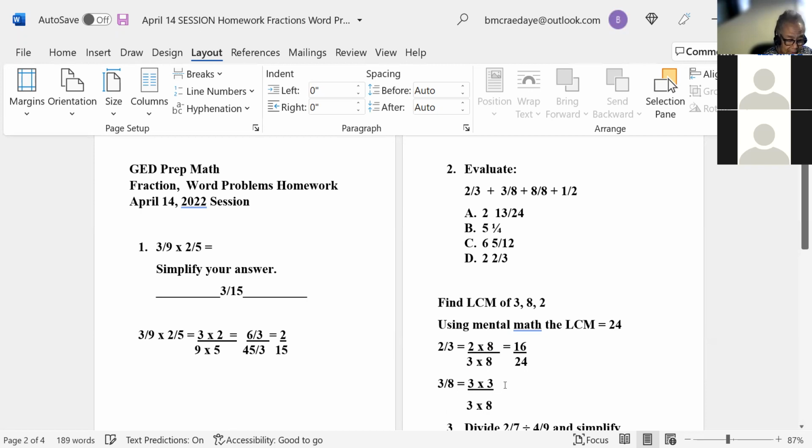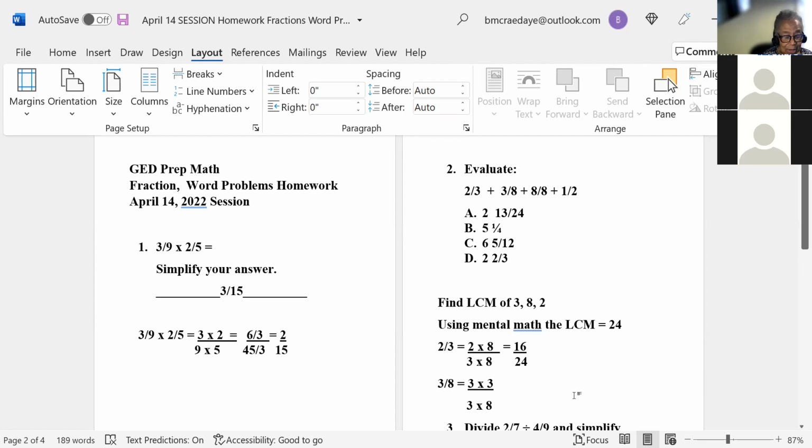All right. Why did you do 3 times 3, Miss Barbara? Okay, to go from 8 to 24, what do I multiply by, Vanessa? 3. So I have to multiply my numerator by the same number. Right? Just like I did up here. I multiplied the denominator by 8. I had to multiply the numerator by 8.